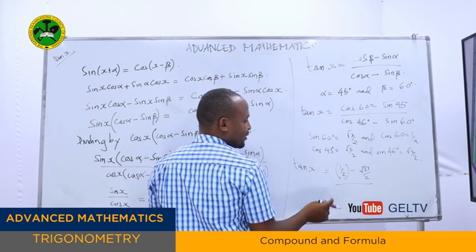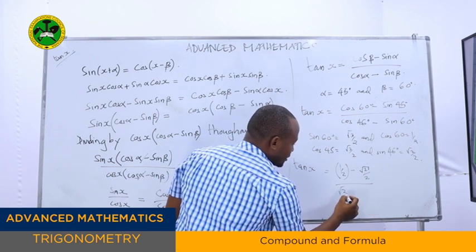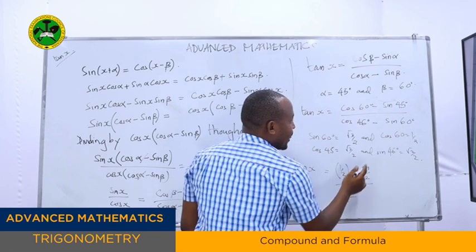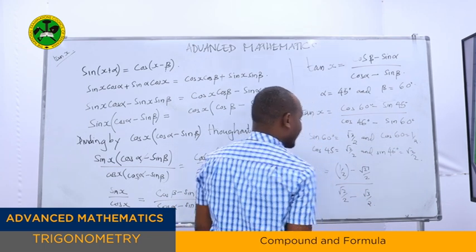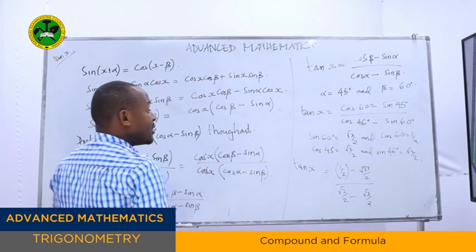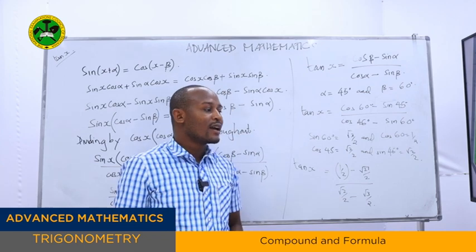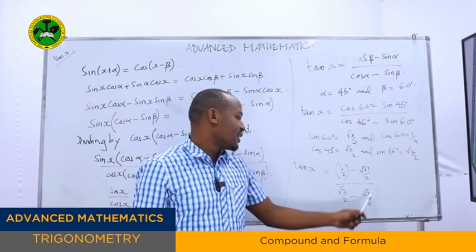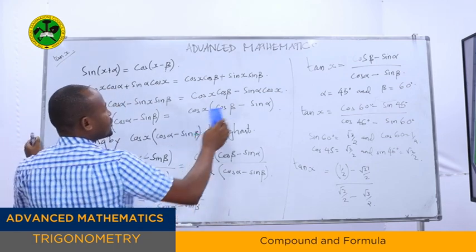All of this is over cos of 45, which is root 2 over 2, minus root 3 over 2. The question asked us to leave the answer in surd form. That means let's simplify that and leave the answer in surd form.